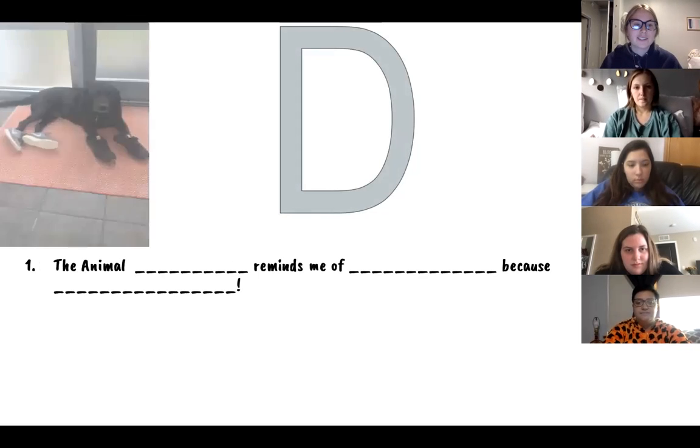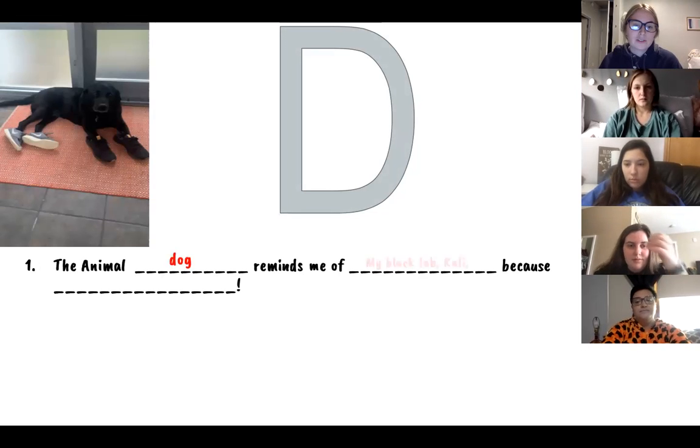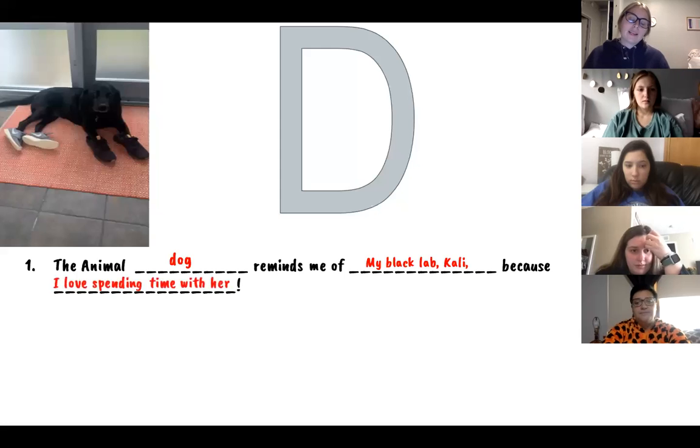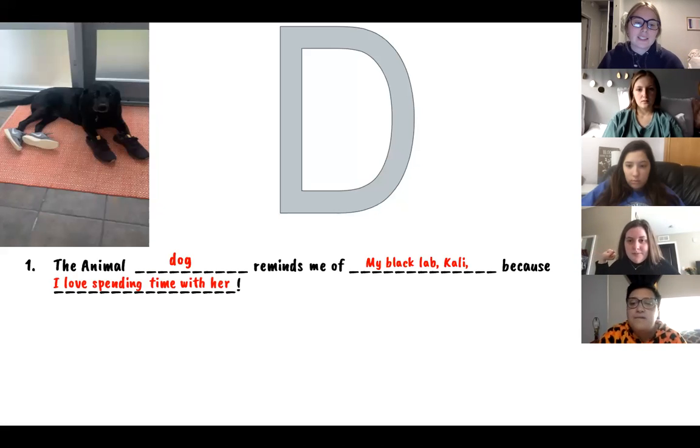So I chose the animal dog, which reminds me of my black lab because I love spending time with her. So I saw a dog in the book and it immediately reminded me of my dog. So I chose to make my comparison to my dog.